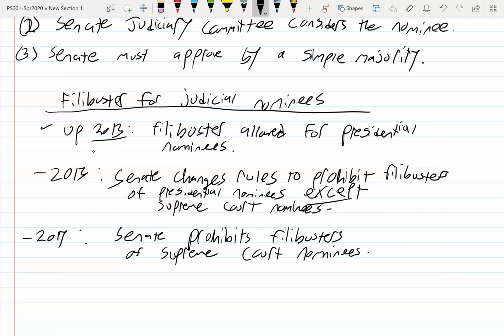And again, I mentioned this, but if we're going to lay blame, if you want to phrase it that way, it could be on both parties, right? So the Democrats in 2013 are the ones who start off changing the rules by removing the filibuster for everyone except Supreme Court nominees, and the Republicans take over in 2017, and they again complete the process here.